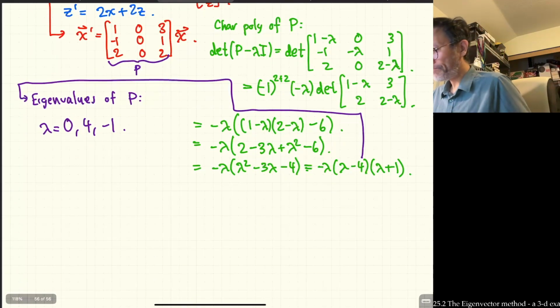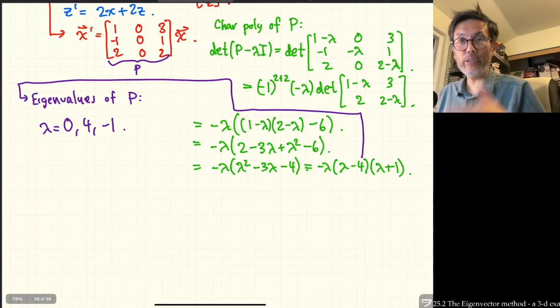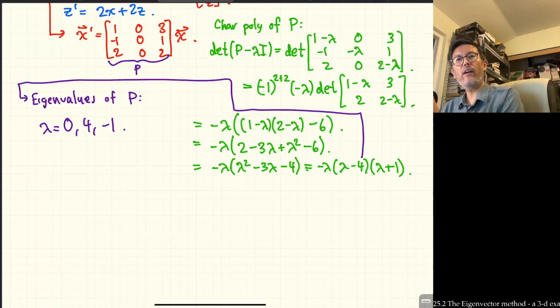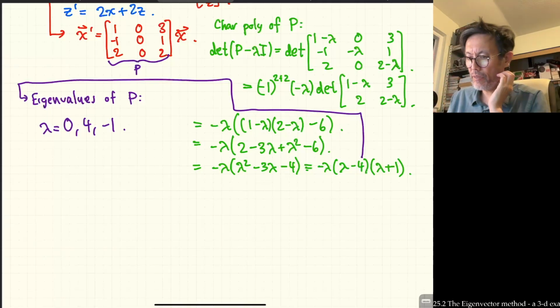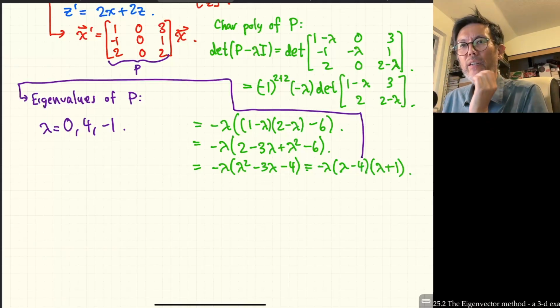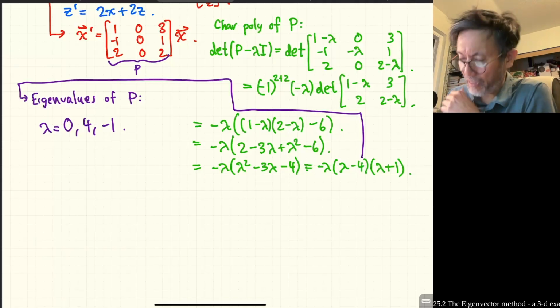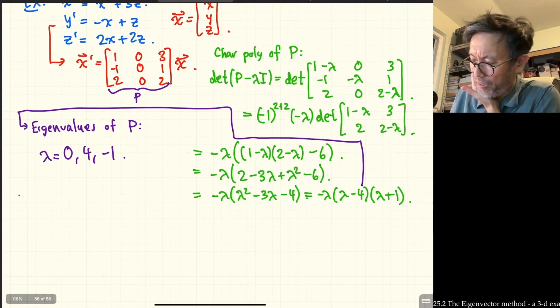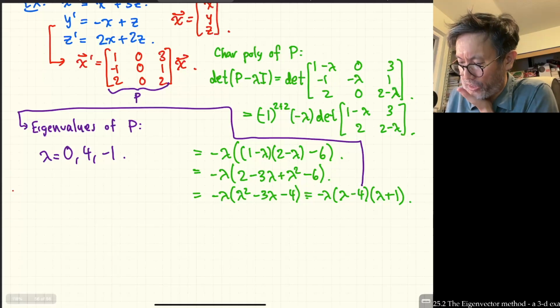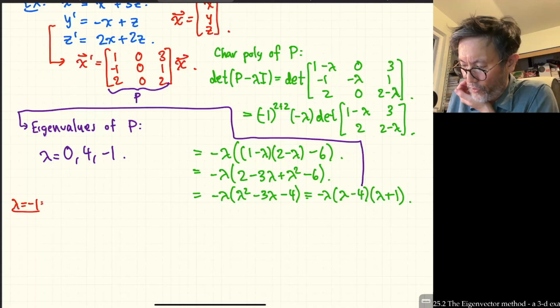And indeed, that's what we're going to do next: try to figure out eigenvectors associated with each of these eigenvalues. Let's start with negative 1. It doesn't matter what order you do it in. So let's just do lambda equals negative 1 first.